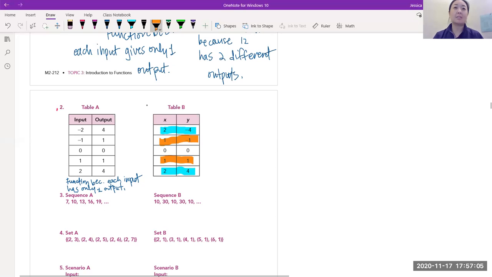So there are 2 instances of that. Even if we had the 1, it would not be a function. So we would say not a function because 1 and 2 have 2 different outputs, or both have, I should say.